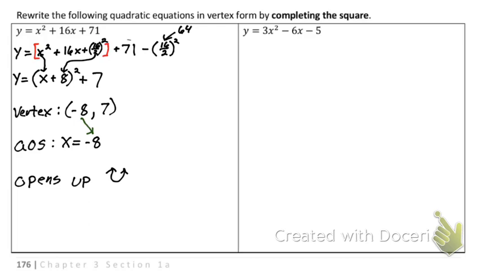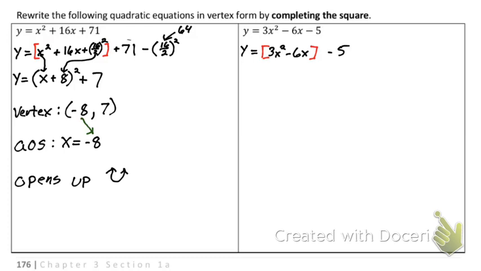Our next one is 3x squared minus 6x. It's almost the same, but it's different. We're going to still break this apart into 3x squared minus 6x, but I'm going to stop right there for a second and just have that negative 5 outside.